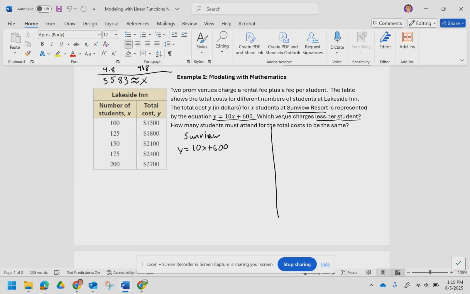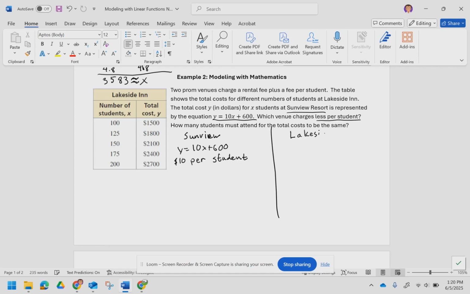Every time we have one more student, we add 10 more dollars to the charge. That's what our slope is saying, $10 per student. So the equation gave it to me right off the bat. Now, for Lakeside, it's not quite as clear.